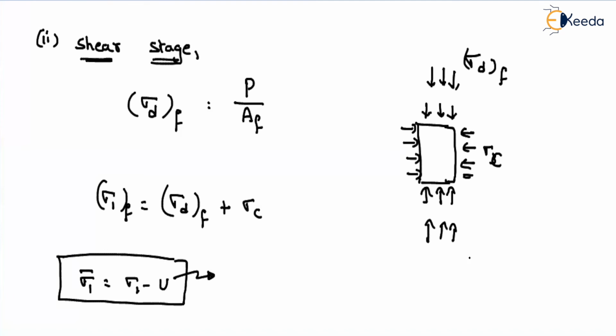And what we'll do, we will not change the confining pressure. We will apply the deviator stress such that the soil specimen undergoes failure. Suppose I draw the Mohr circle diagram: in the first experiment I will fix some confining pressure and apply the deviator stress such that the soil specimen undergoes failure.